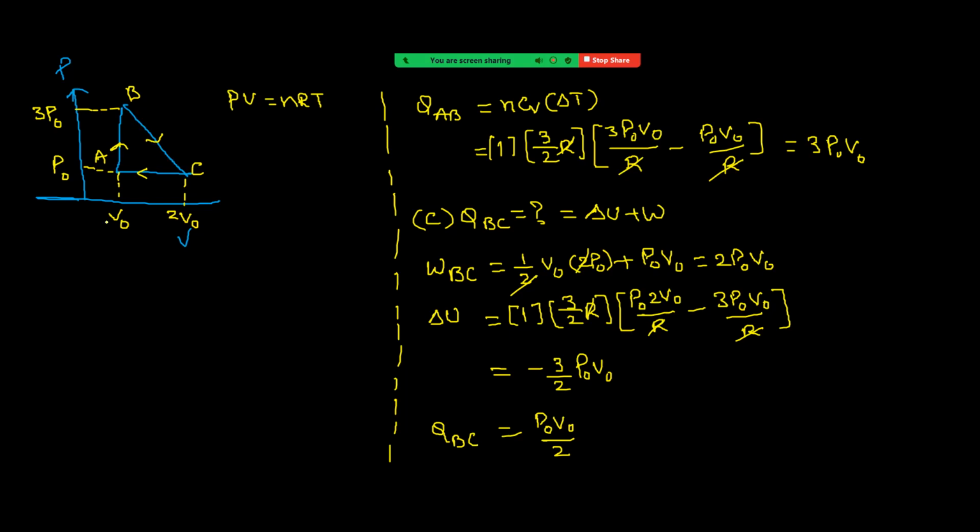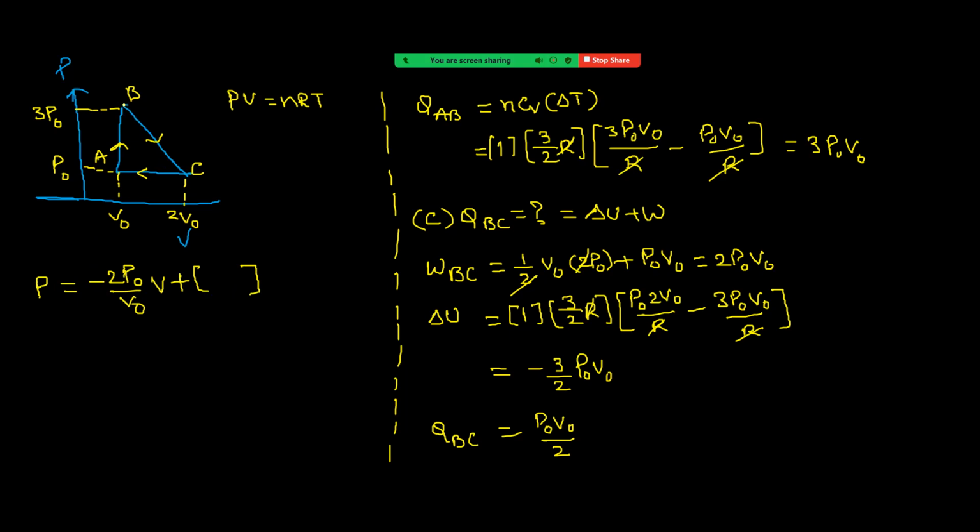For this straight line, we can write the line equation. So pressure equals slope, which is negative, slope is minus 2 P naught by V naught, just like minus mx plus C, some constant here. See how to know that.